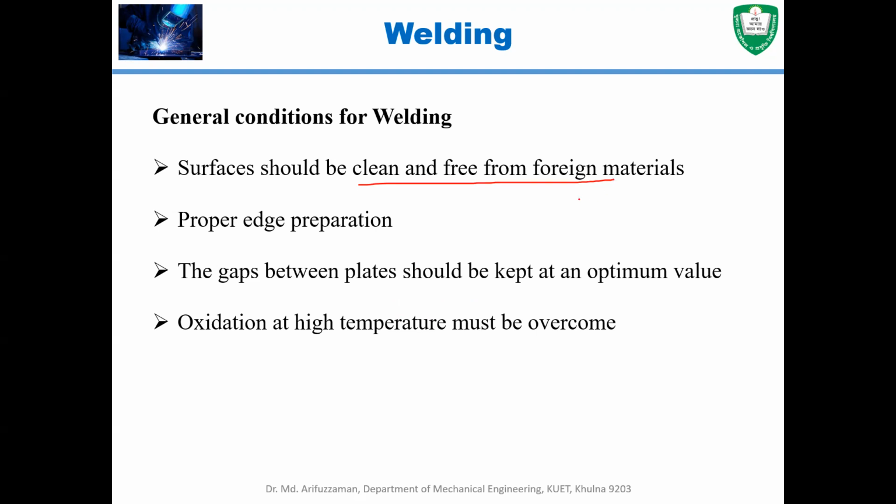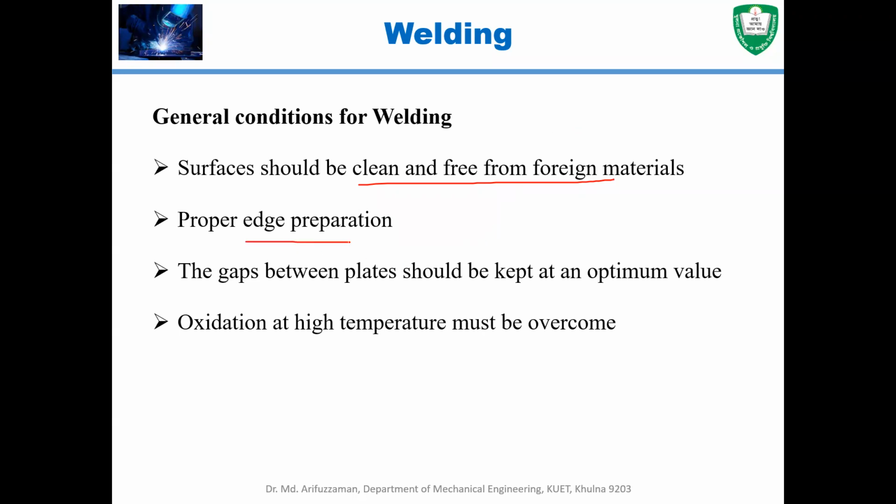That means the surfaces that you are going to weld together must be clean. Otherwise, the foreign materials present on the surface will be mixed with the liquid metal formed due to the welding, and that will create problems, and the mechanical properties will degrade. And that will also sometimes result in premature failure of the components.